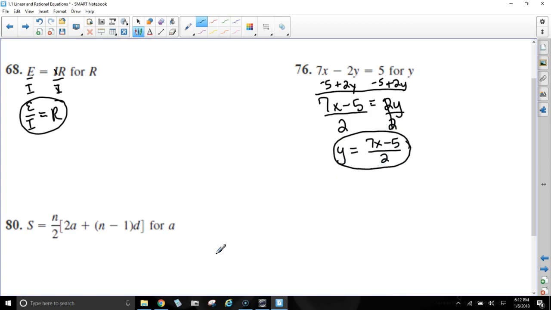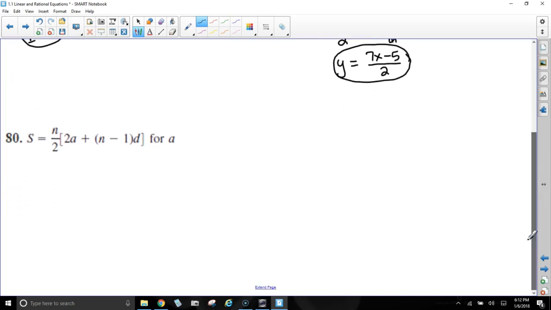Okay? Down below, we're going to solve this equation for A. So the first thing I think we should do is go ahead and get the n over 2 off of this side by multiplying both sides by n over 2's reciprocal, 2 over n. Hey, why not?